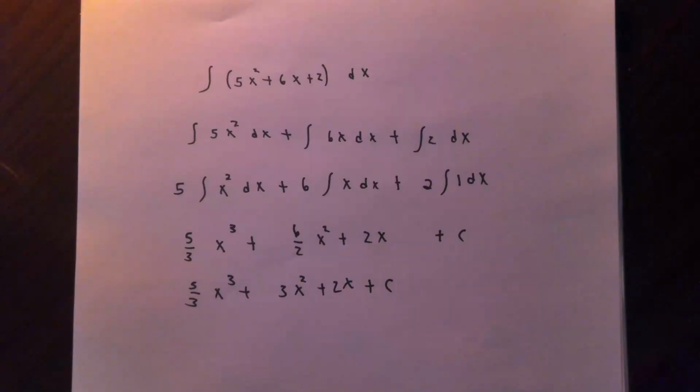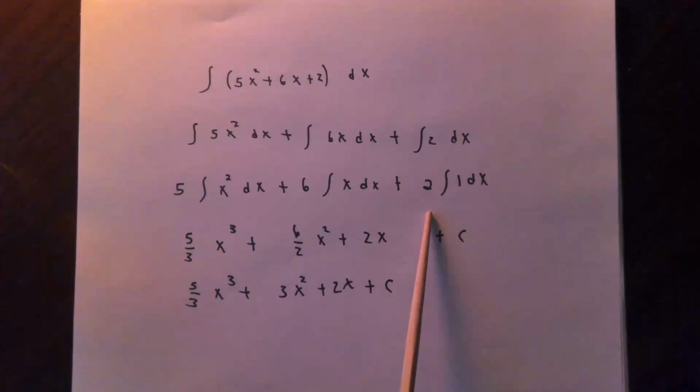Each one of these things is on the list of formulas that we talked about on the previous page. An antiderivative for x squared with respect to x is 1/3 x cubed. An antiderivative for x with respect to x is 1/2 x squared. There's the 1/2.